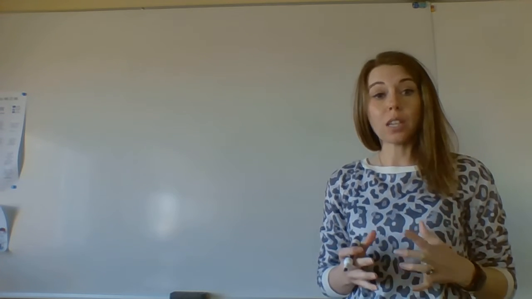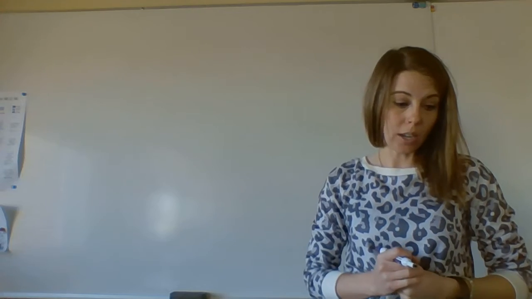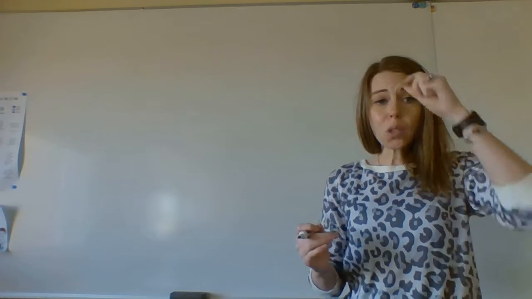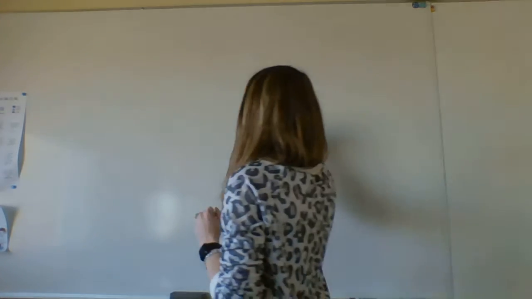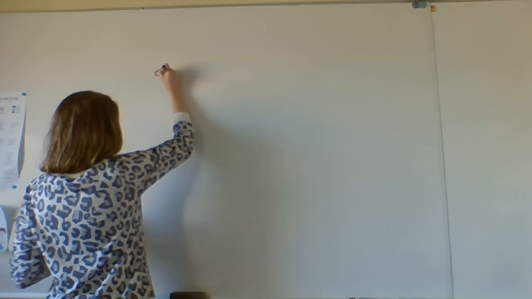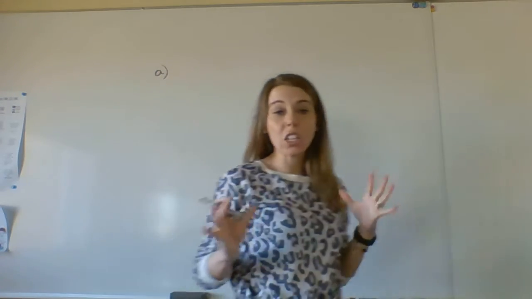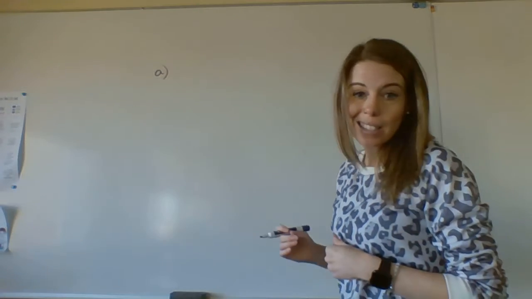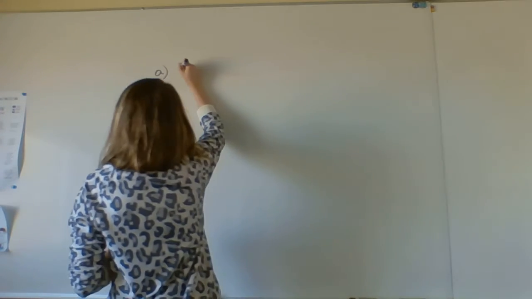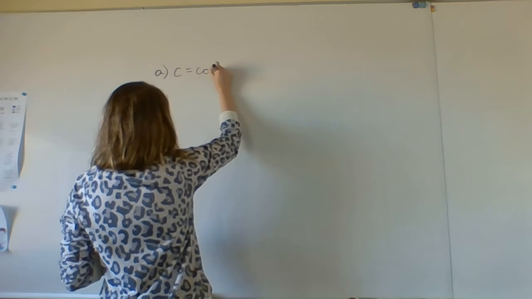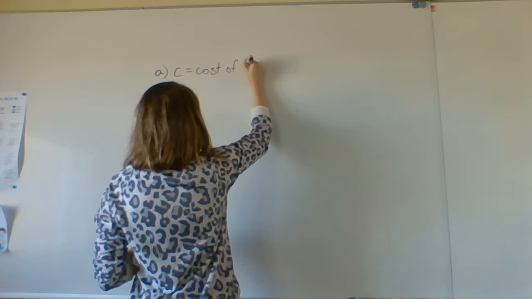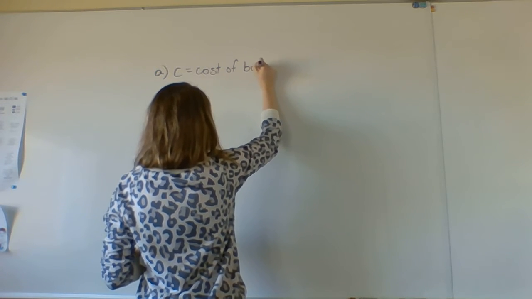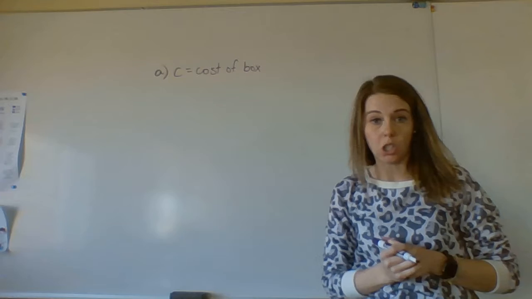So again, first thing we need to do is write that equation. So I am going to say, just to follow your notes and not change anything up, we are going to let C equal the cost of the box of t-shirts.